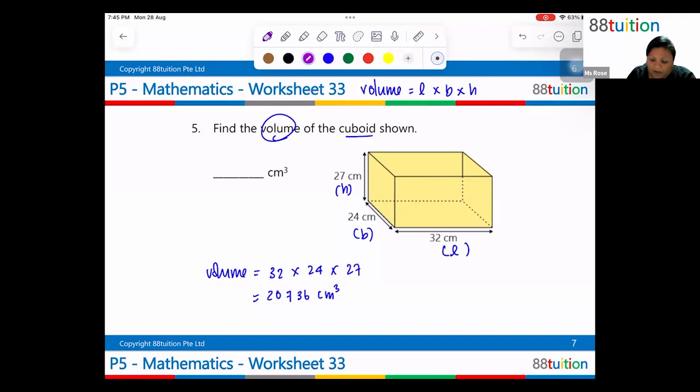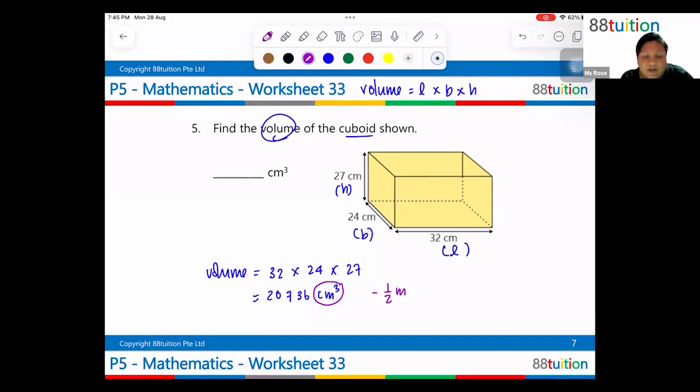Everyone, can you look at my screen? When I write this down, equal to 20,736, can I write it down this way? No, you cannot do this, because they will straight away take away your half mark.